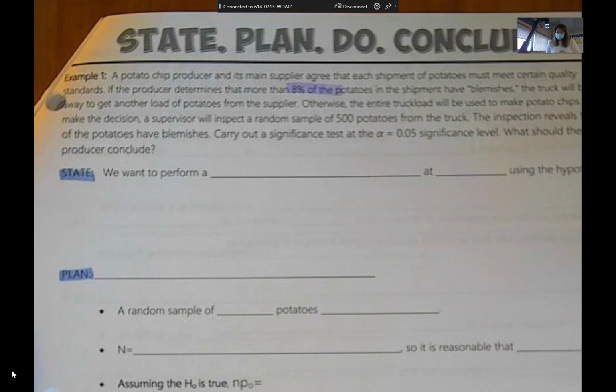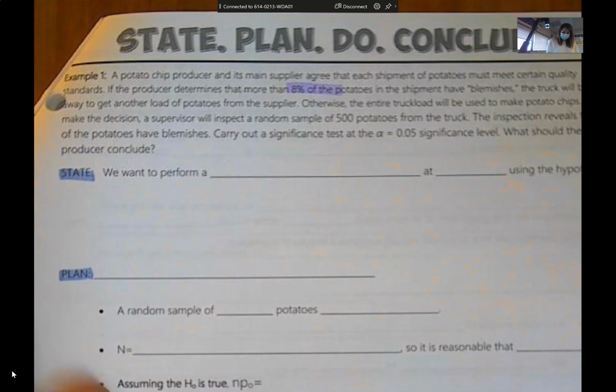To make the decision, the supervisor will inspect a random sample of 500 potatoes from the truck. The inspection reveals that 47 of the potatoes have blemishes. We must carry out a significance test at alpha equals 5%.